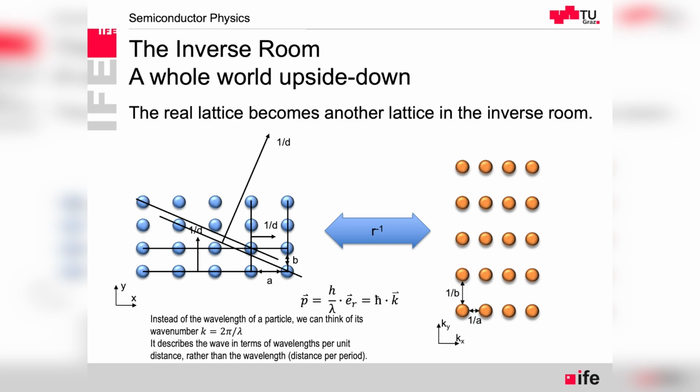inverse space. Where in the real space we speak about particles and their wavelength, in the inverse space, rather than dimensions x, y, we have these wave vectors k, and it's related to the real space wavelength as 2 pi over lambda.